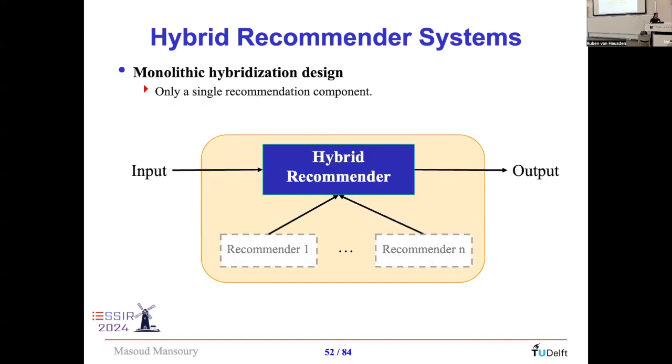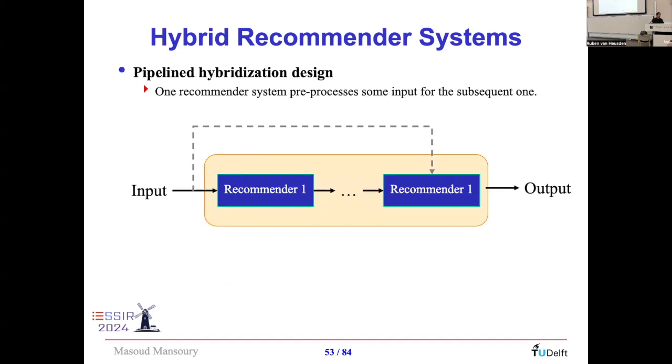The second one is a bigger hybrid recommender model that has multiple recommendation models inside, which internally takes the input, and you train the recommendation models inside this bigger component to generate the output. And the last one is a sequence of recommendation models: the output from one model is the input for another model.